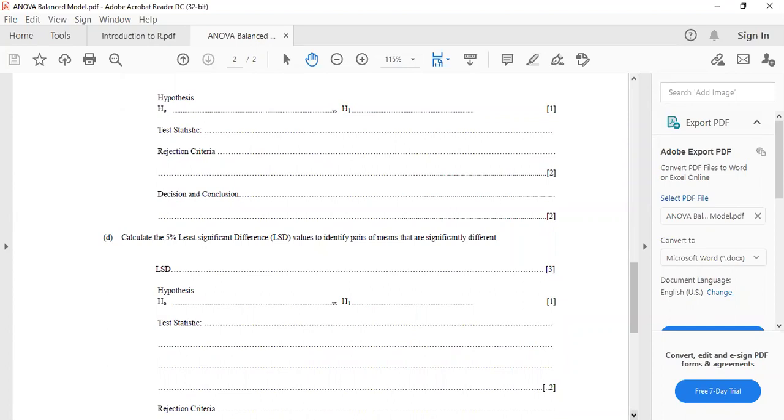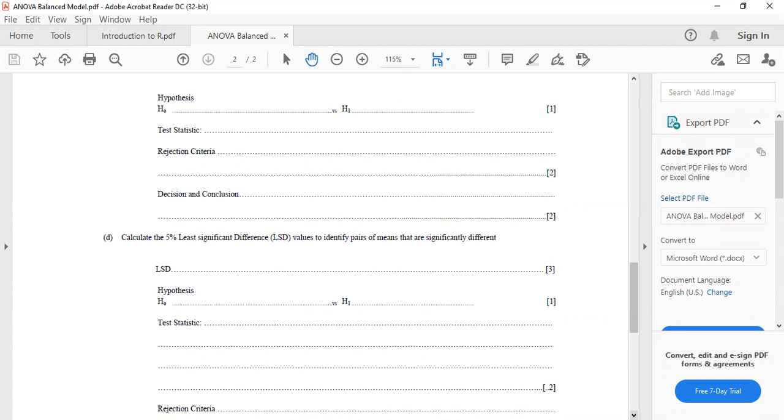So what is LSD? What's the formula for LSD, guys? It is t alpha over 2, with n minus a degrees of freedom, times the square root of MSE in brackets, 1 over ni plus 1 over nj.